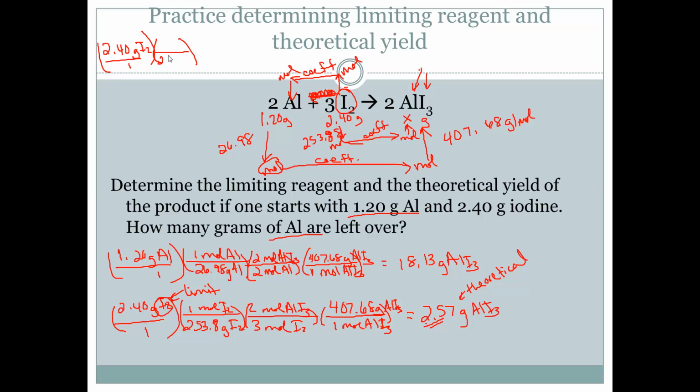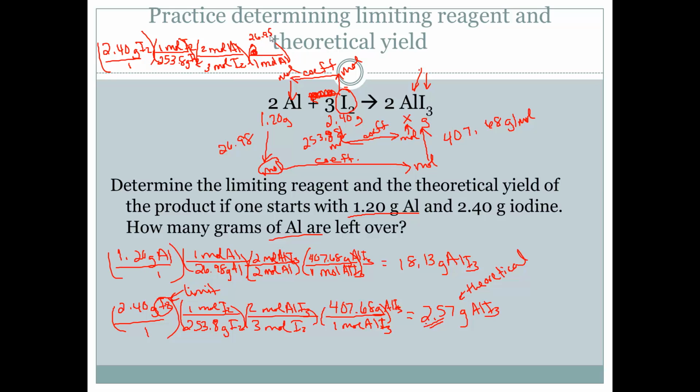253.8 grams of iodine on the bottom, 1 mole of iodine on the top. We have it in moles now, so we can use the coefficients. 3 moles of iodine, 2 moles of aluminum are on top, and then for every 1 mole of aluminum, we have 26.98 grams.